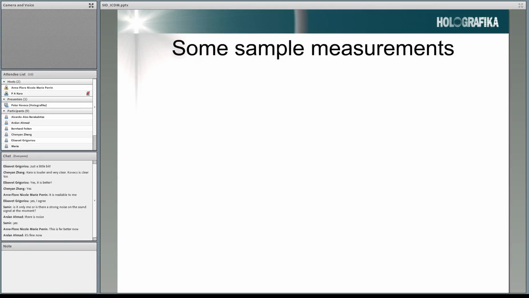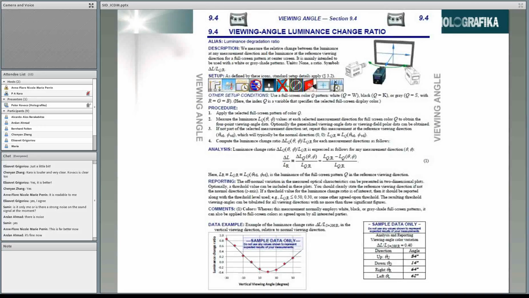And just to show you some examples of what kind of measurements are included in this standard, I've taken some of the ones which were interesting to me, and I hope they will be interesting to you as well. At least more interesting than the governance structures and voting procedures. So, for example, here is a measurement from section 9, which is measuring how the luminance of a display changes when observing the screen from different viewing angles.